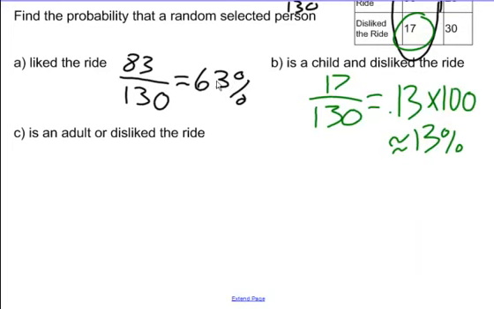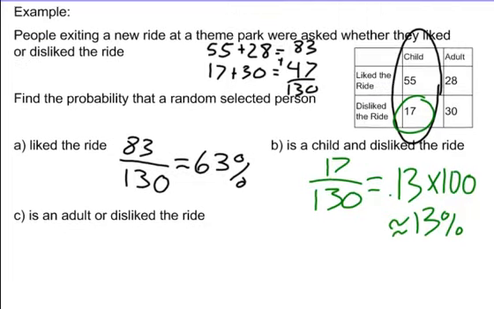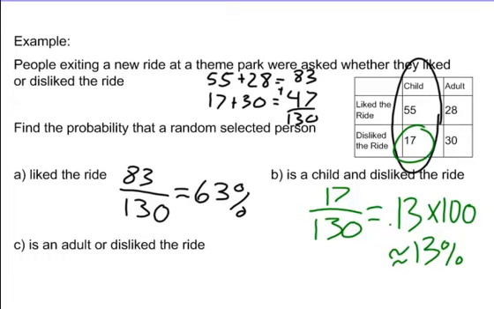All right, last one. What is the probability a random person is selected that he or she is an adult or dislikes the ride? So if we go back to our table, and we get rid of all of this.